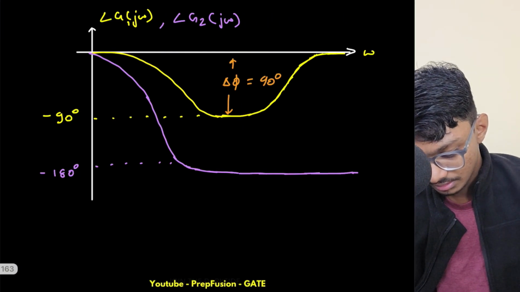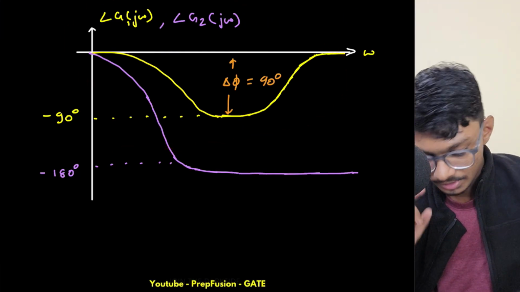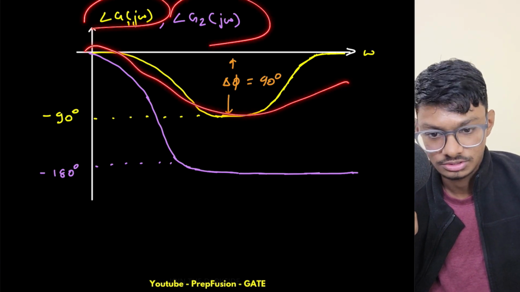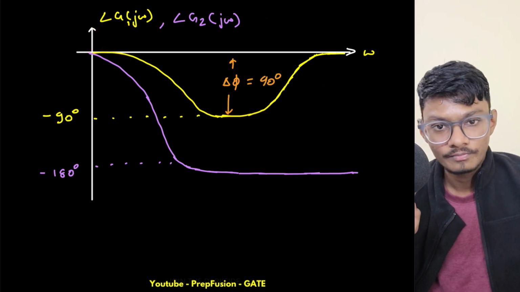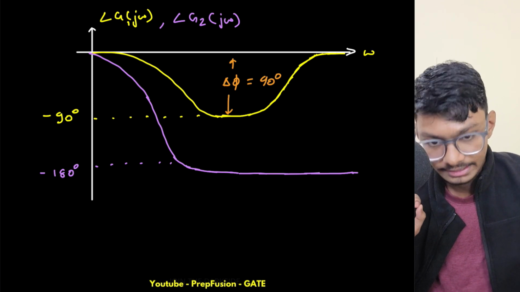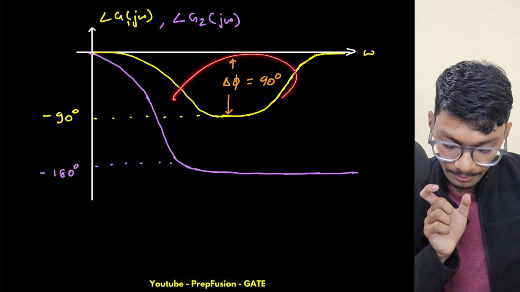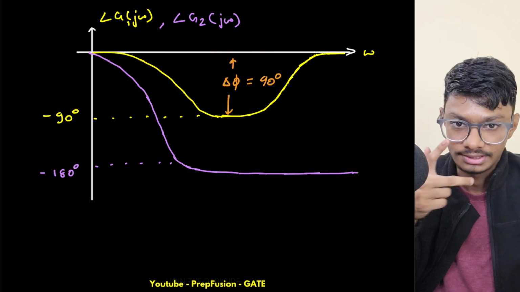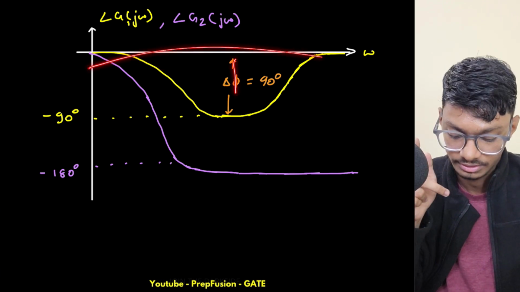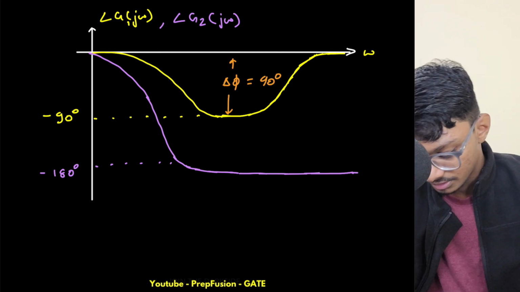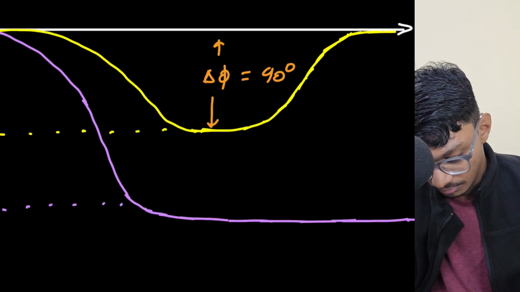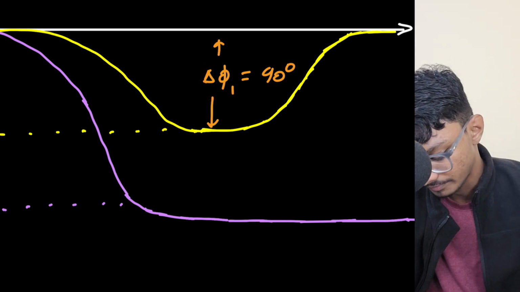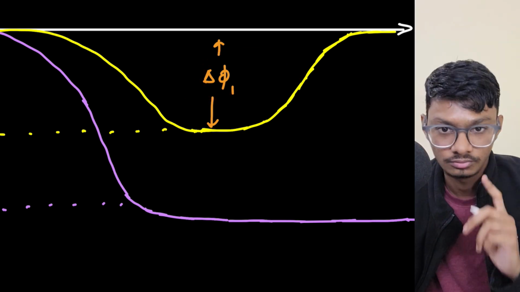So this is basically the phase plot for both of them, and here I have shown one parameter, this is for g1 of j omega and this is for g2 of j omega. What we observe is the maximum change in phase, the maximum distance from the 0 degree axis. So for this one we get delta phi 1, not 90 degree, sorry, this is at max what we can go.